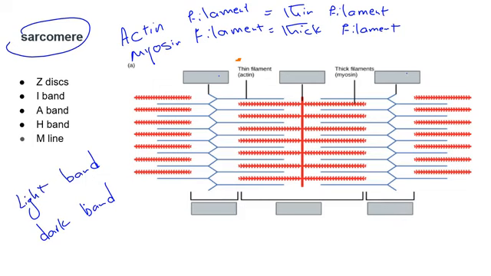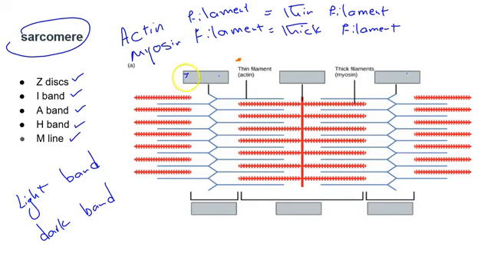For the structure of the sarcomere, please make sure you know Z discs or Z lines, I band, A band, H band or H zone, and M line. Between two Z discs, we have a sarcomere.